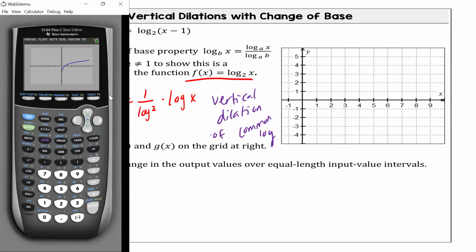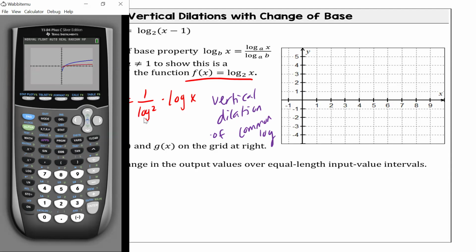I'm also going to type in on y2 log of x, which is our common log. Common log means that your base is 10, correct? So there's common log and there's that log.